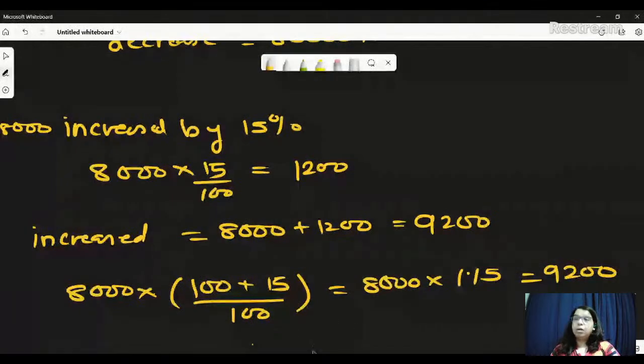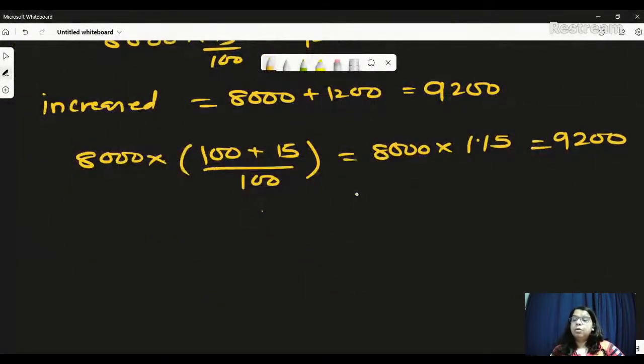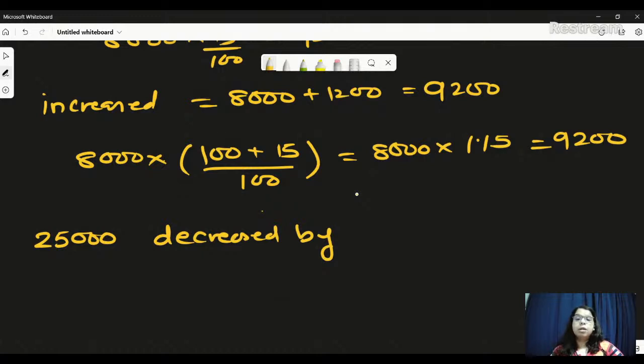Okay, now let's see, we have 25,000 decreased by 30%. So what is going to be 30% of 25,000?